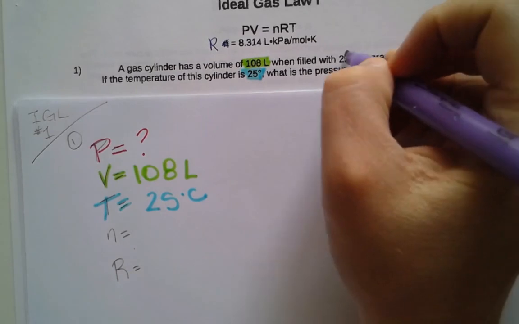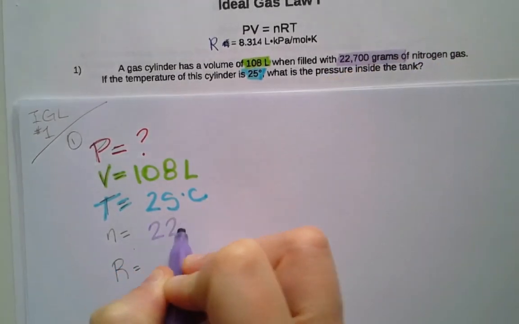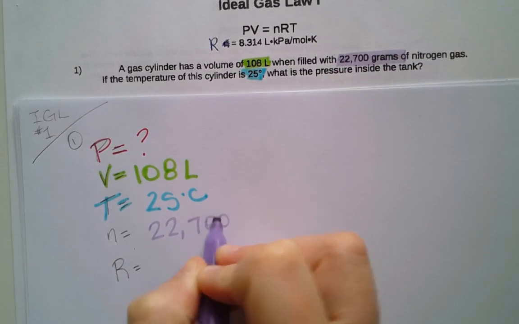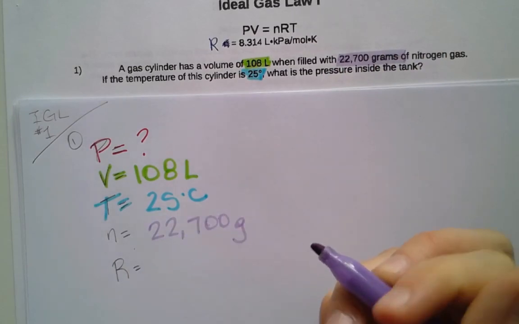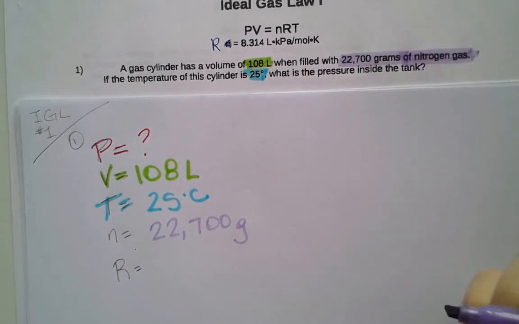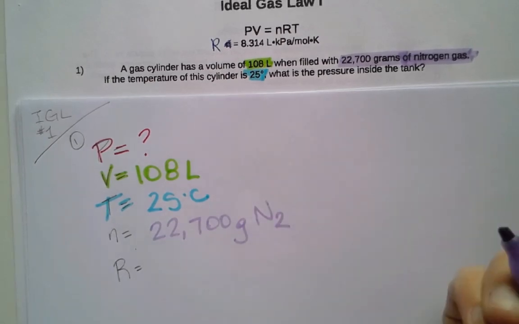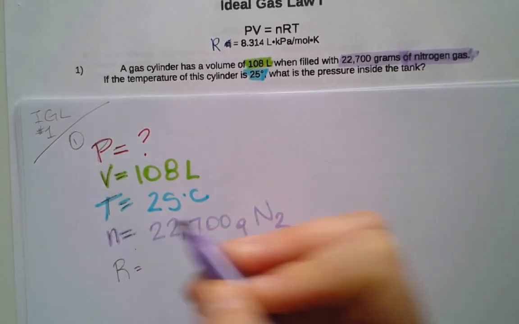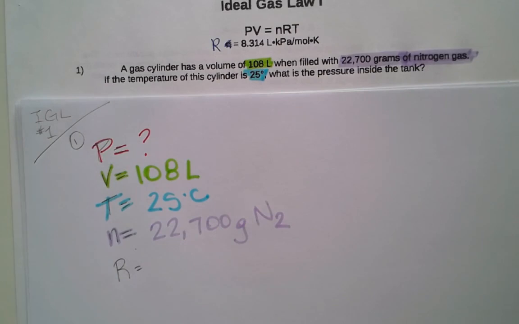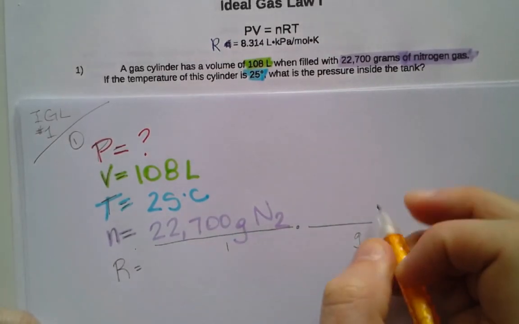So we have 22,700 grams of nitrogen gas. Here's a pro tip. Nitrogen is N2. Okay. This one has an extra step. Here's the extra step. We're going to convert this from grams into moles.